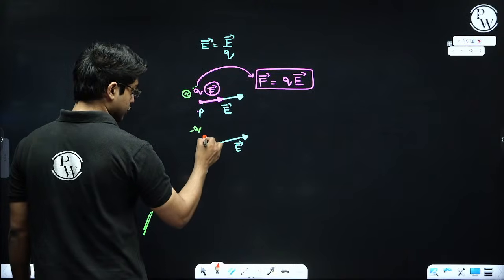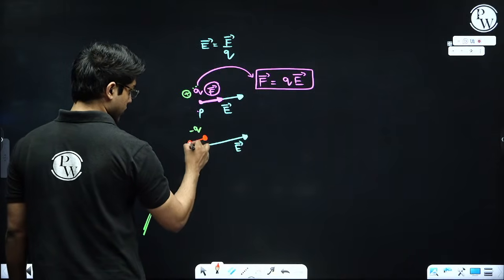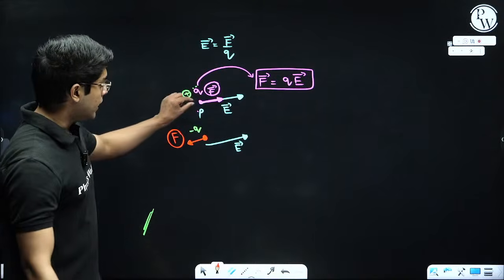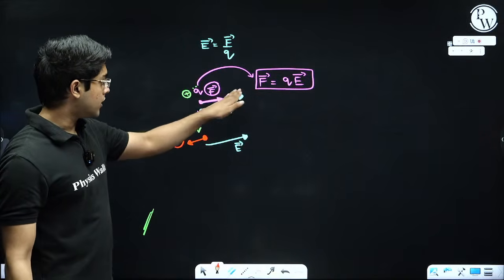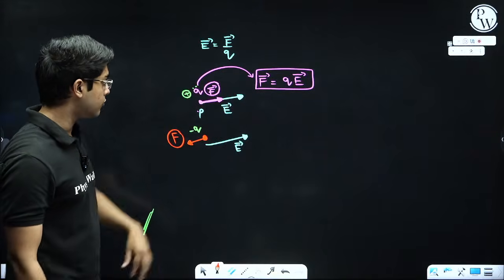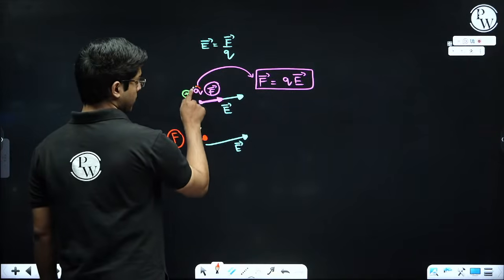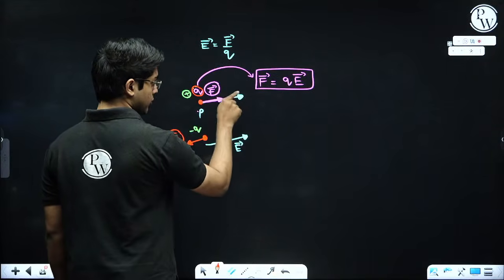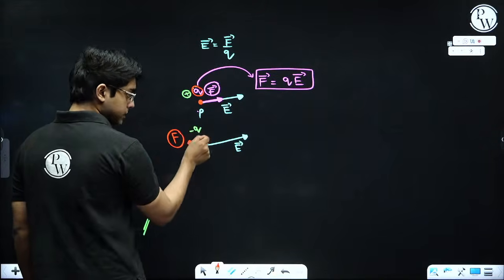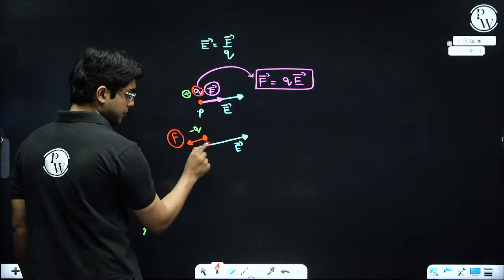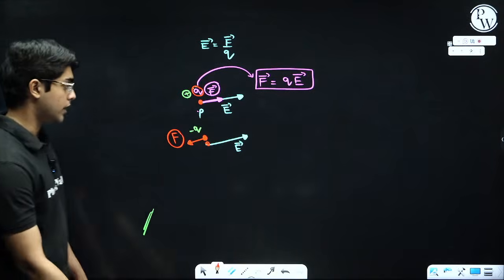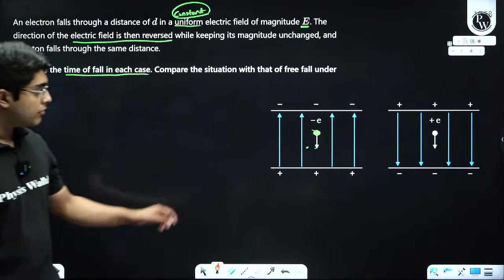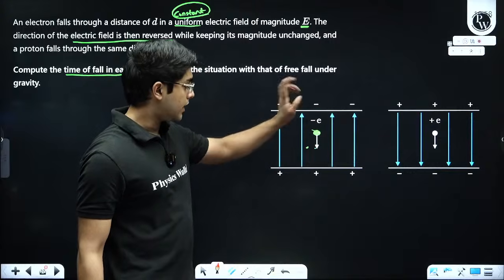Electric field is the direction in which a positive charge will feel a force. So if you place a positive charge in an electric field, the force will be in the direction of the electric field, and if you place a negative charge, the force will be opposite to the electric field.